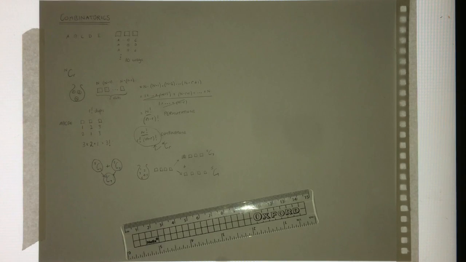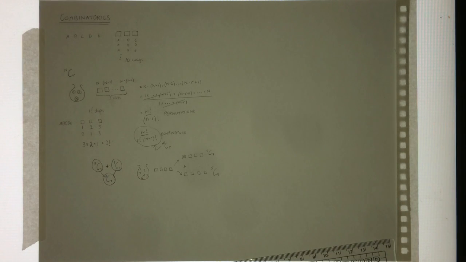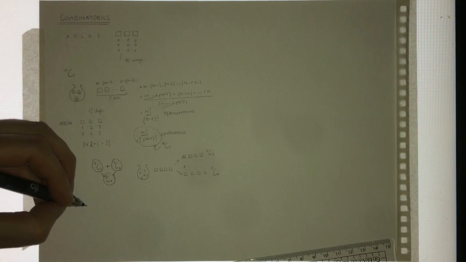So this lets us build. Let's start somewhere simple. Let's start with 2 objects. So 2 objects, choose 0 objects. How many ways are there? Well, there's only one way. You choose 0 objects. 2 objects, choosing 1 object. Well, you could choose the first or the second.